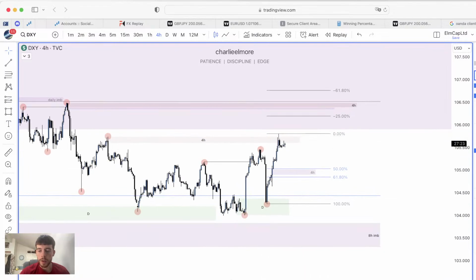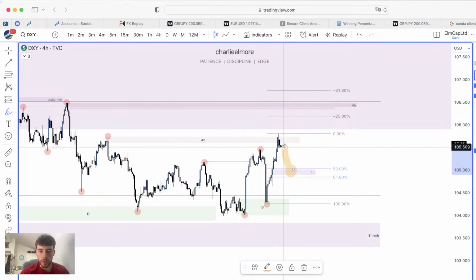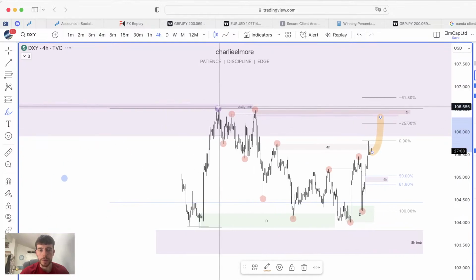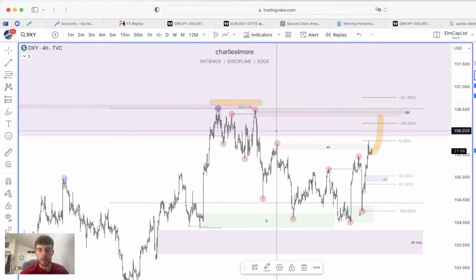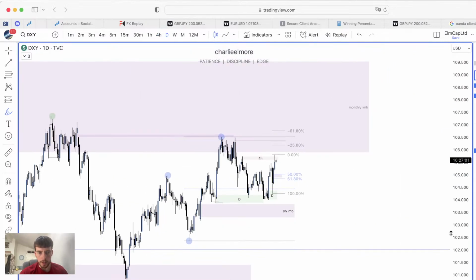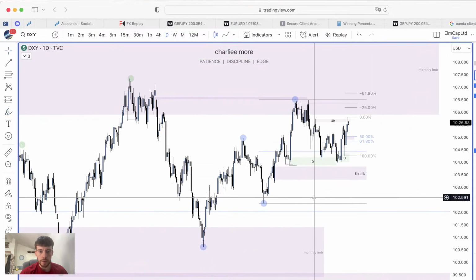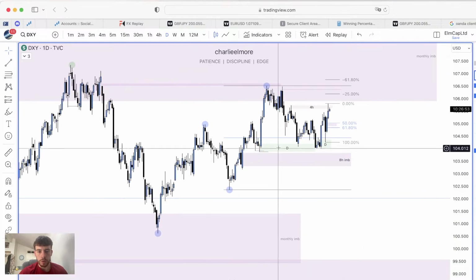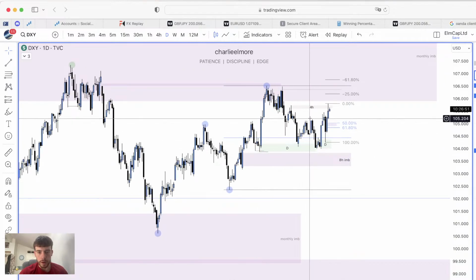Like I said, if we can have a pullback, very nice, then it's going to affect the US crosspairs if that was to occur, and then continue up potentially. Or we can just continue to blast through here and even potentially take those highs as we've spoken about before, because of the bullish structure printed on the daily, following the blue dots: the low, the high, higher low, higher high, come into discount, respect this daily demand, come back up, move away, respect this daily demand.